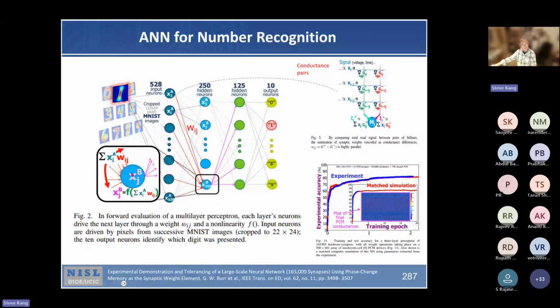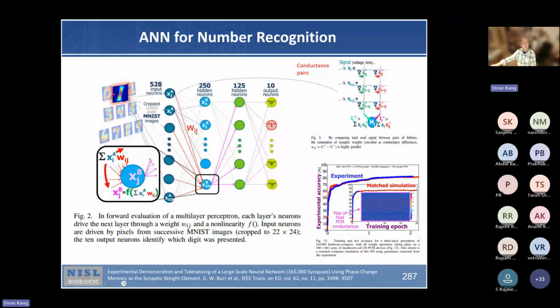This shows the neuron circuit: you have an input multiplied by weights coming in, you sum up, and then you have a threshold evaluation, the F function. If beyond that, the output comes out. I think it was 24 by 22, so there are 528 pixels.